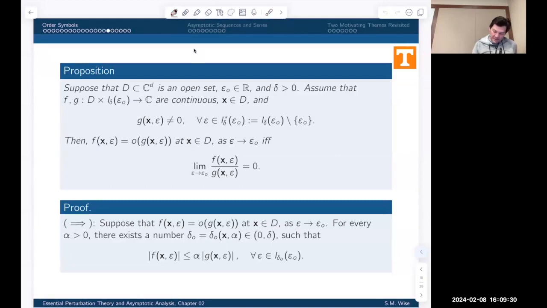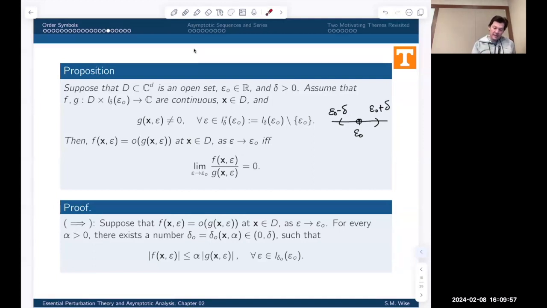So this is going to be the set I delta. Epsilon naught is here. This is epsilon naught minus delta, epsilon naught plus delta. And this set that gets the star has that point punched out. Okay, so that's all I mean.